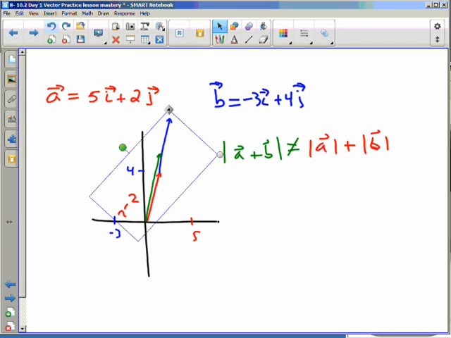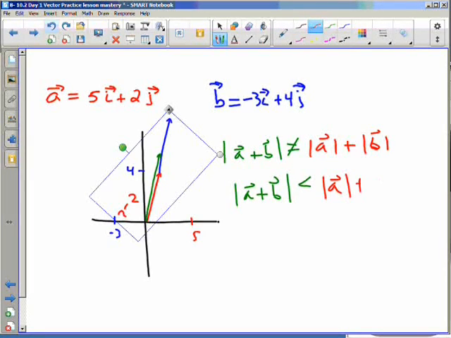So, in fact, to be more specific, you could even say that the magnitude of the sum has to necessarily be less than the magnitude of individuals summed together. If you said they could be equal, what you're saying is you have a straight line.